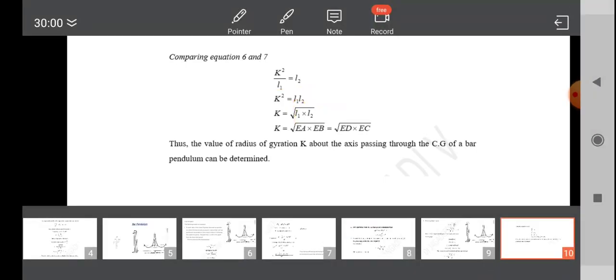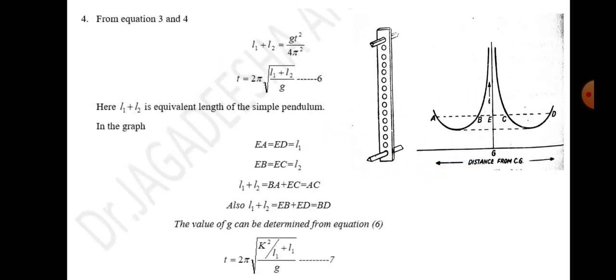Cross multiplying, k square is equal to L1 into L2, so k is equal to square root of L1 into L2. L1 is EA and L2 is EB, that is, EA into ED into EC. This is the value of the radius of gyration K about the axis passing through the center of gravity of the bar pendulum.